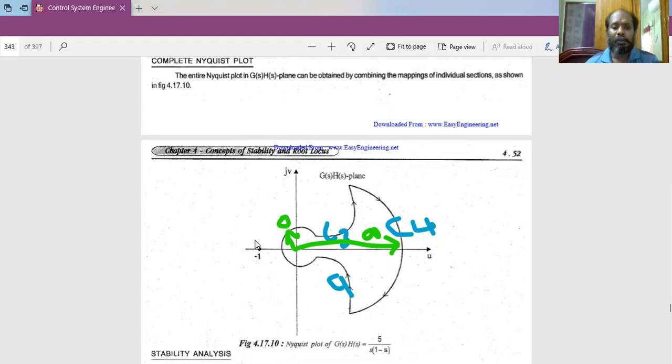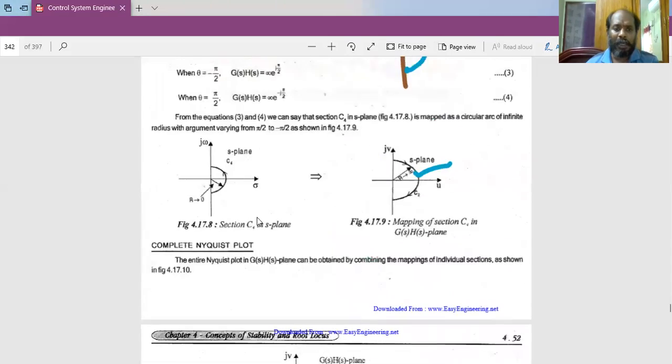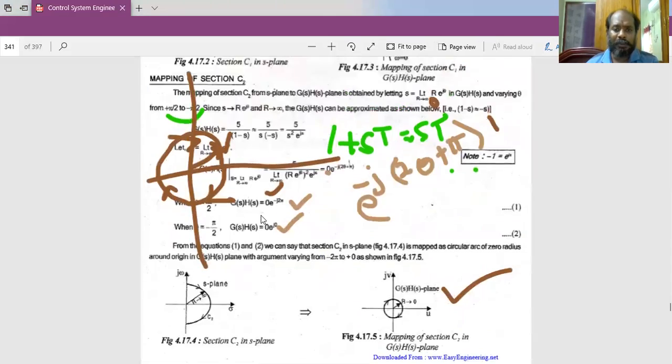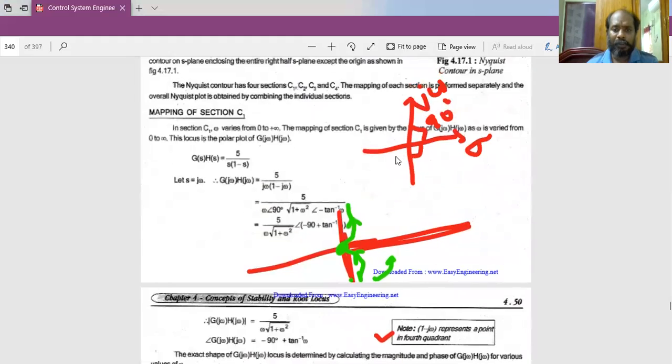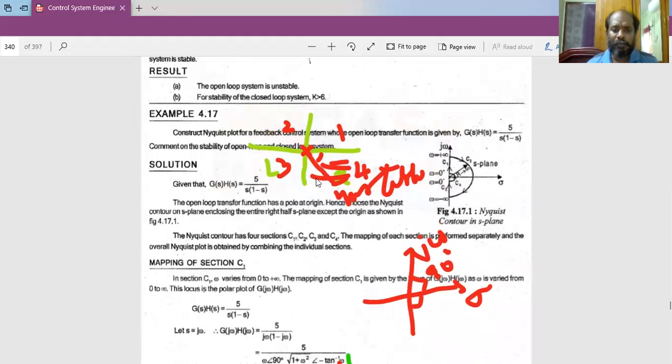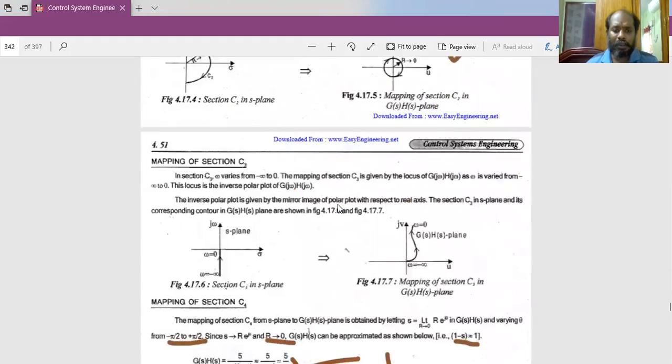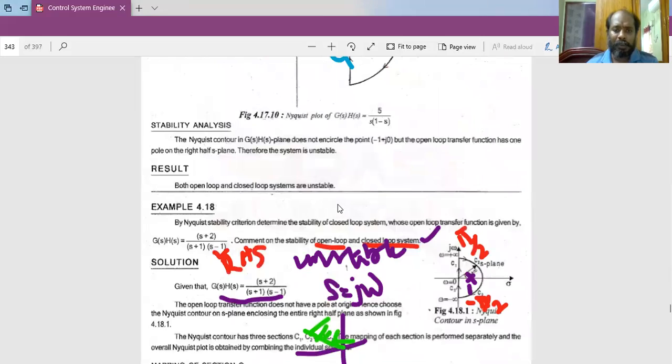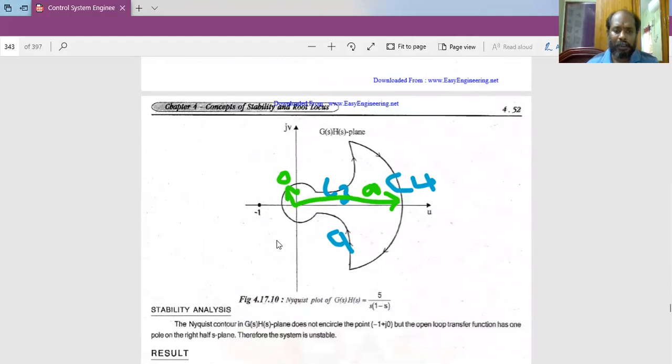But what about the pole? You have already a pole in the right hand side. Yes, you have a pole in this 4th quadrant, 1 minus s. But you are not encircling that -1 plus j0 point once in the anticlockwise direction. So what is the comment?